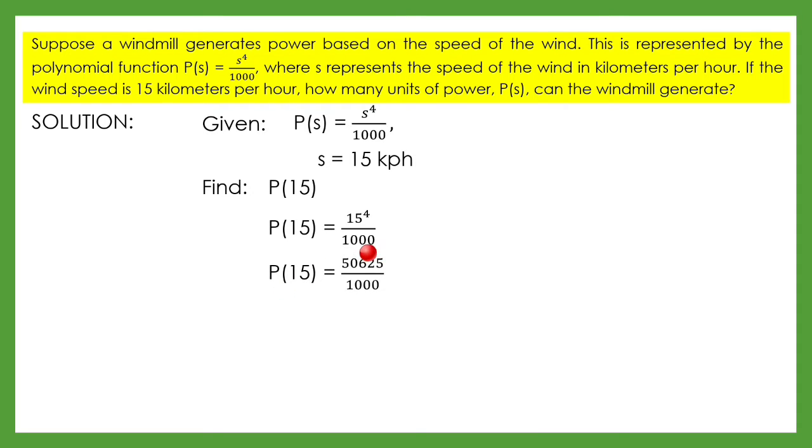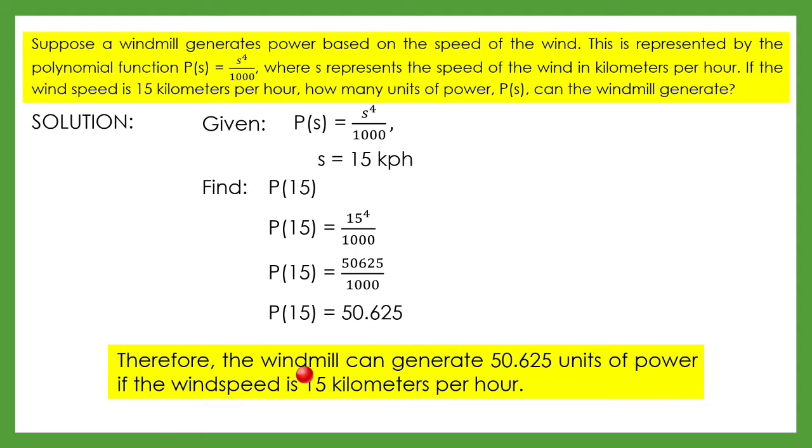P of 15 is equal to 50,625. Ang 15 raised to 4 ay equal sa 15 times 15 times 15 times 15. So, that is equal to 50,625 divided by 1,000. The answer is 50.625.